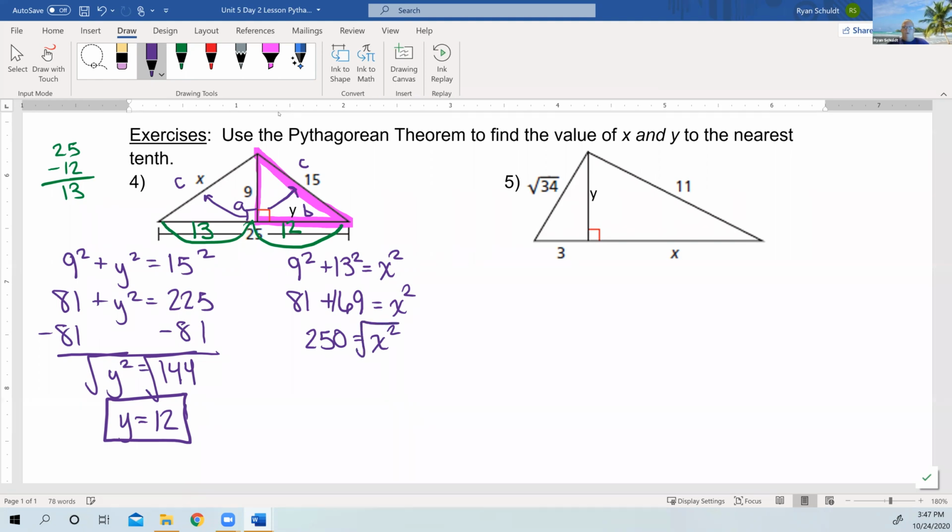So now take the square root. Now let's see, what does it tell me to do? It tells me to round to the nearest tenth. So when I take the square root of 250, I'll get that x equals 15.8. And that would be my answer.